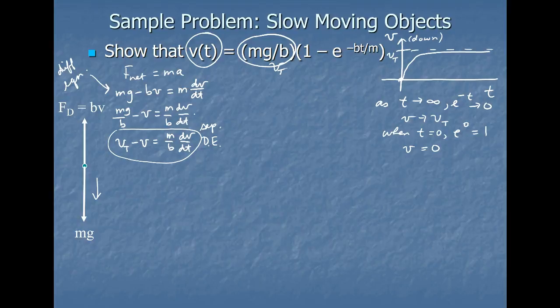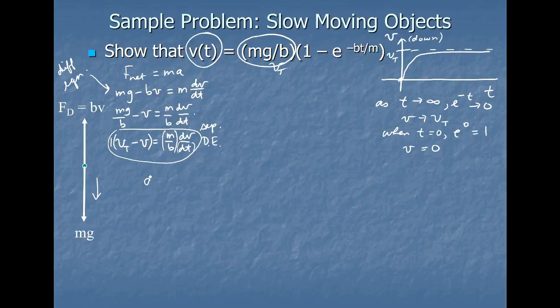And the idea is that we want to separate all the v's and the dv's and put them on one side and put all the t's and the dt's on the other. Well, we don't have any t's, but we do have a dt. And so if you imagine that this whole thing, vt minus v, is being multiplied by 1, then we can just actually move it to the right side and move m over b to the left side along with dt.